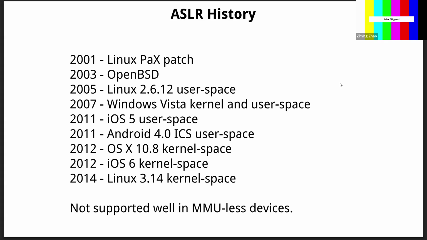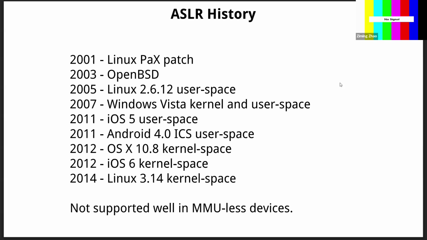So the user space ASLR, at a very high level, works like this: when you launch a new program, the exec system call, right? Not fork. Same as stack cookie, fork doesn't really change things. When you exec a new program, the address space of that new program will be randomized. So far, in all the programs I've been describing, the code is placed at the same virtual address. Not a physical address, a virtual address. The libraries are placed at the same virtual address too.